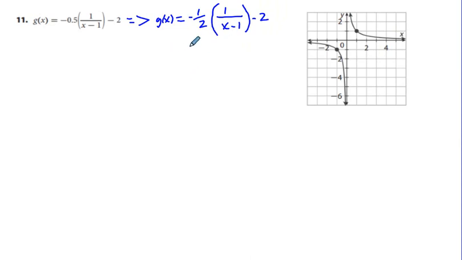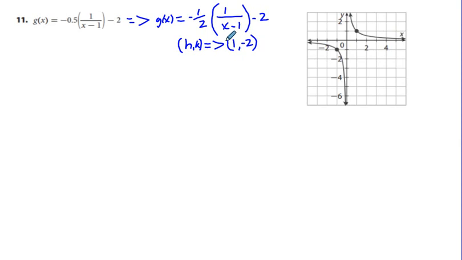Now in this case, our h comma k is going to be h is equal to 1 and k is equal to negative 2. And so this describes where our vertical and horizontal asymptotes are going to be. And so that creates the center for this version of the transformed rational function.